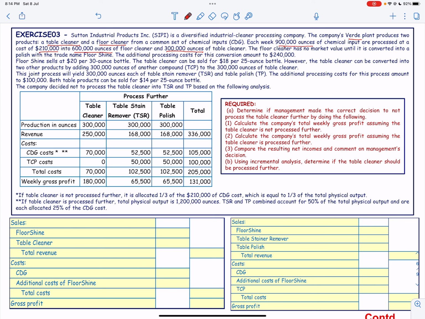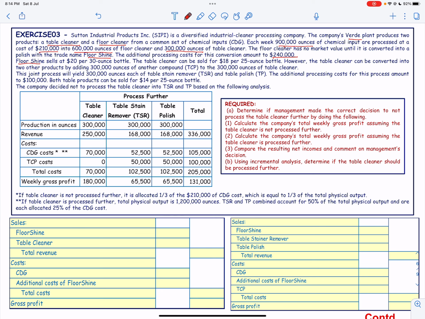The floor cleaner has no market value until it is converted into a polish with the trade name Floor Shine. The additional processing cost for this conversion amounts to 240,000. Floor Shine sells at 20 per 30 ounce bottle.